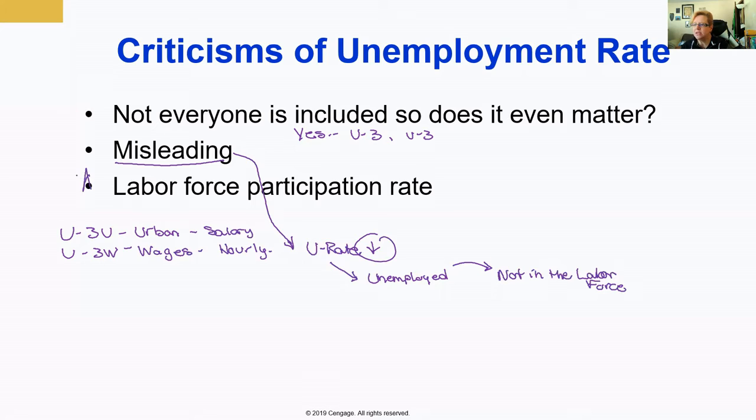Because it's a little misleading, we use another rate to look at alongside the unemployment rate, and this is the labor force participation rate. The labor force participation rate takes a look at the number of people unemployed plus employed and divides that by the adult population.